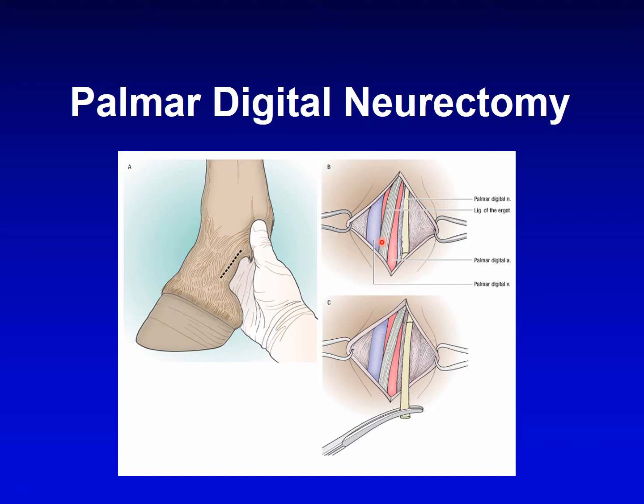The nerve is going to be a little on the beige side, and also it has to be dull in appearance. It's not going to be as shiny as the ligament. So we have to be pretty careful about that, not to cut the ligament of the ergot.